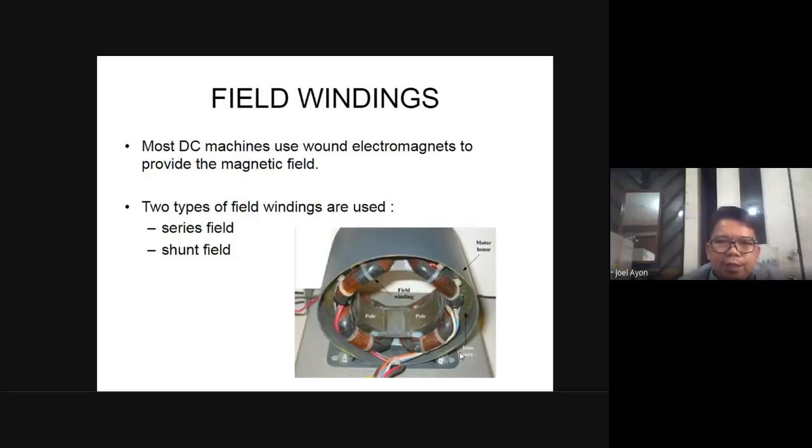So, after the armature windings, you also have the field windings. Most DC machines use electromagnets to provide the magnetic fields.